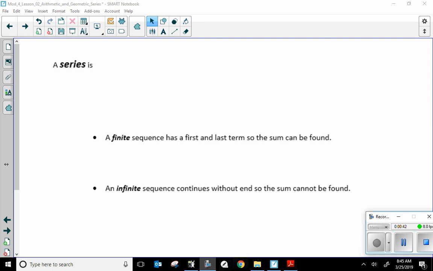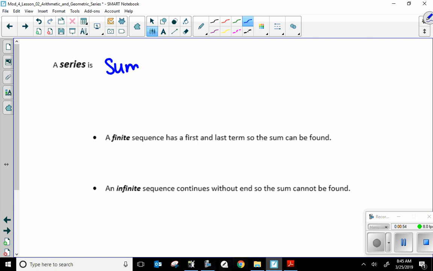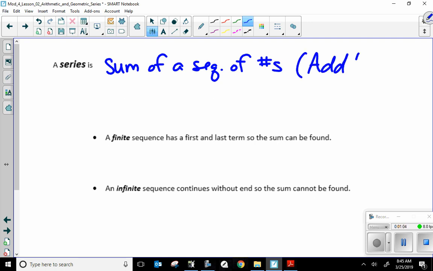As is the norm with some of these lessons, let's define what we're actually talking about. When we talk about a series, we are just talking about the sum of a sequence of numbers. So basically, we're going to take our sequence and add them up.